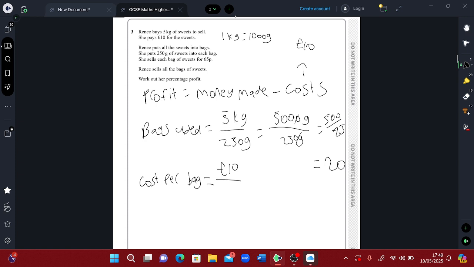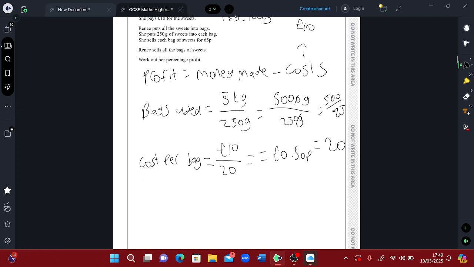And that's distributed over 20 bags. That's shared amongst 20. But that's going to be a half, right? So it's going to be 0.50, 50 pence. So the cost of the bag is 50p.